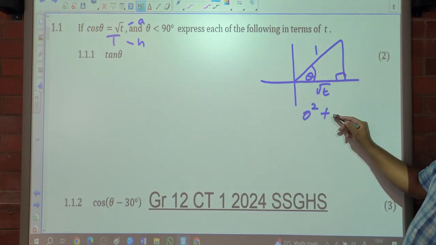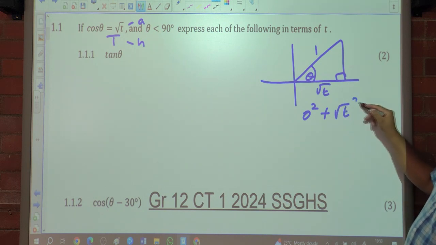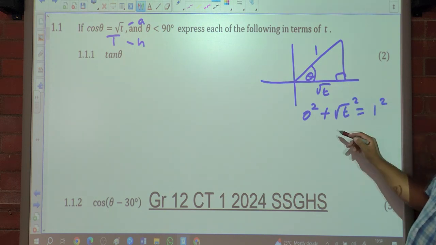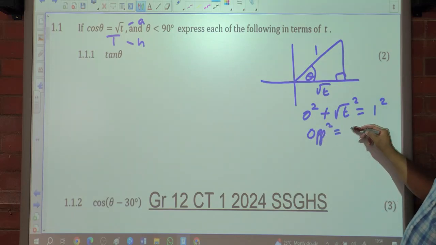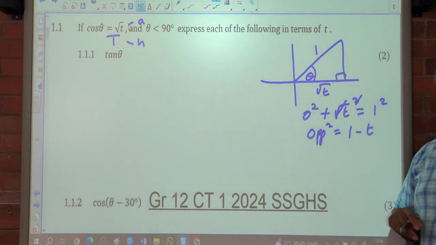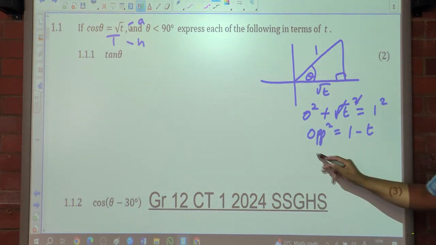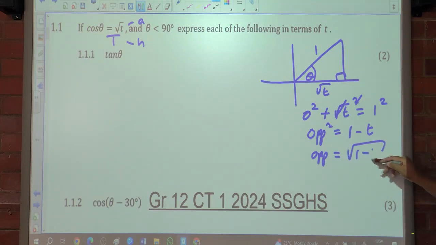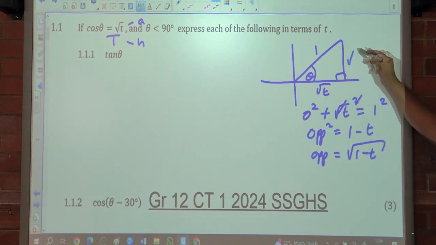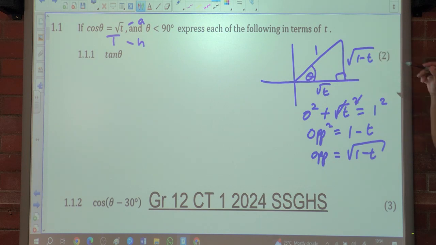My opposite squared plus my adjacent squared, which is the square root of t, all squared, is equal to 1 squared. So your opposite squared, or O squared, is equal to 1 minus the square root of t squared, which is t. The t goes over and becomes minus. So what do I do now? Take the square root both sides. So this is going to be the square root of 1 minus t.